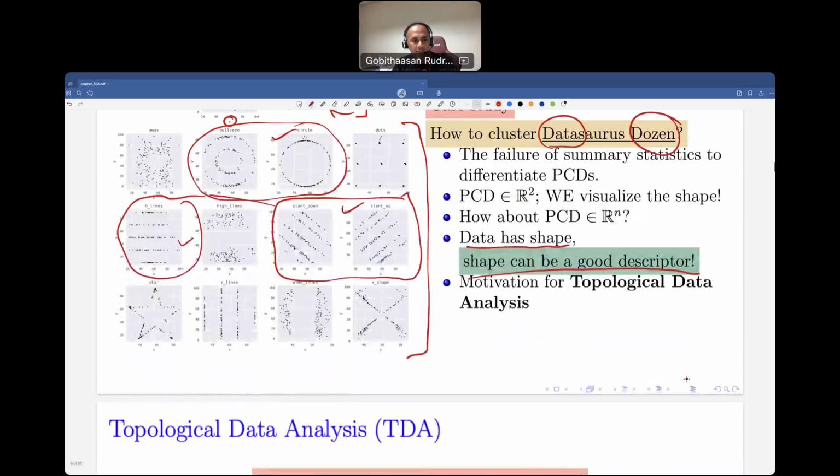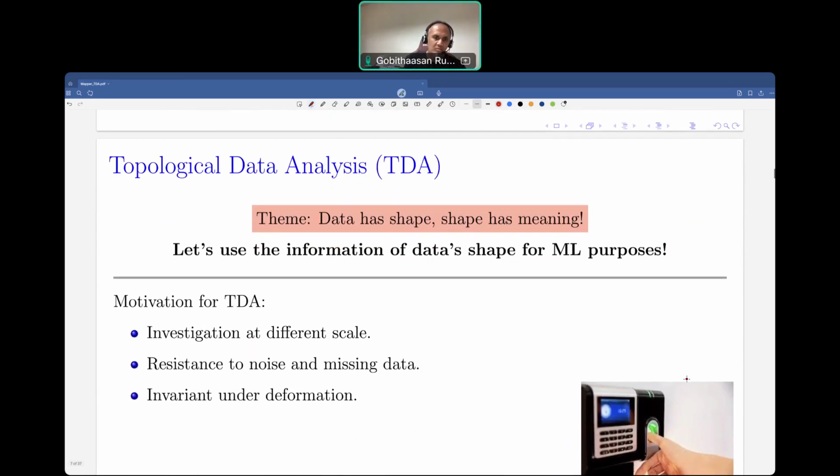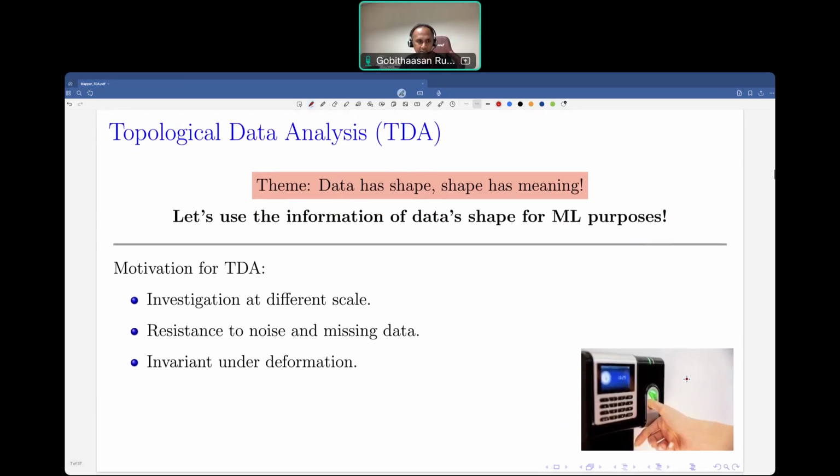Okay, now let's look at topological data analysis. The main theme of topological data analysis is that data has shape and shape has meaning. So we are going to extract the information of shape and quantify it. The shape is something about the quality of your data, which you can then quantify as numbers and use for machine learning purposes.